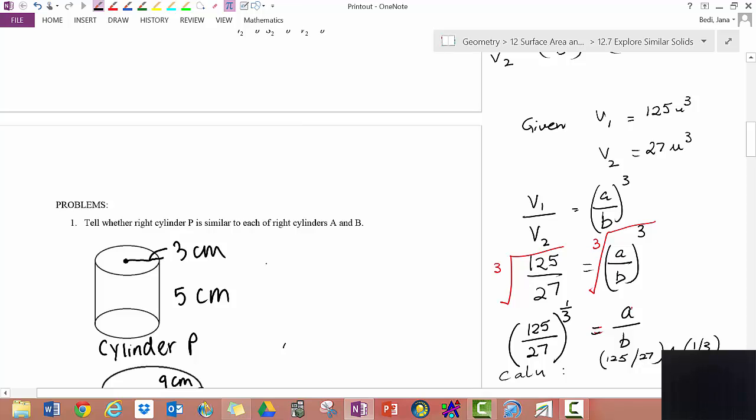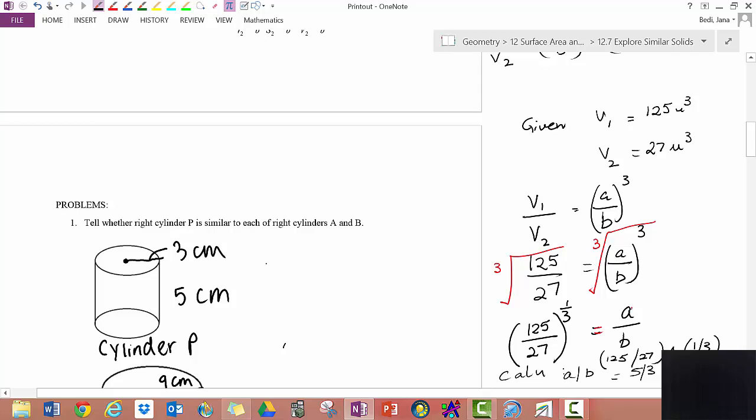So what you're doing is you're raising 125 over 27 to the exponent 1/3, and you should get 5 over 3 as the answer. So check that out. You want to know how to use your calculator. So your scale factor, A over B, is equal to 5 over 3.